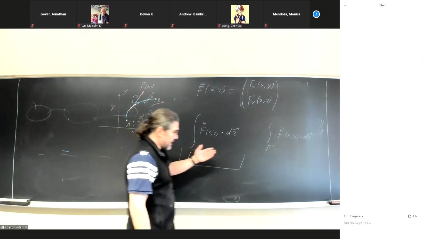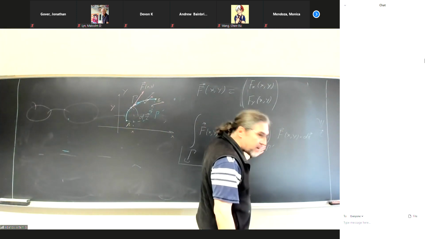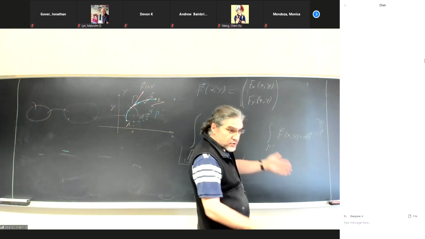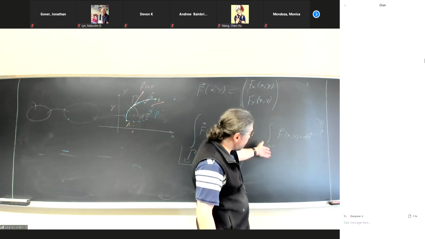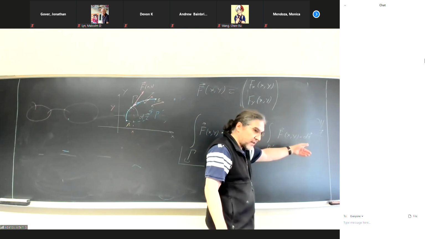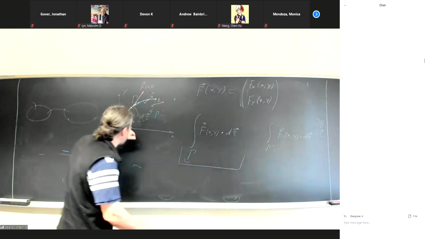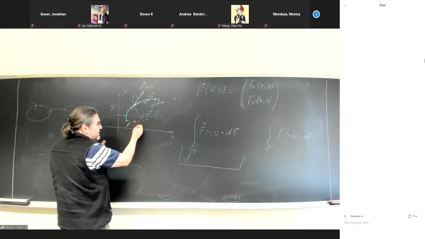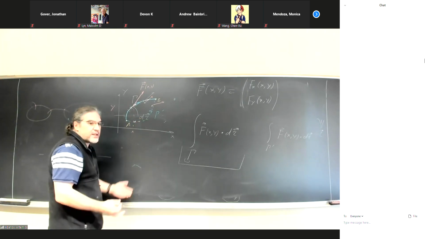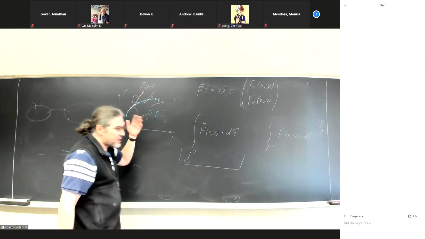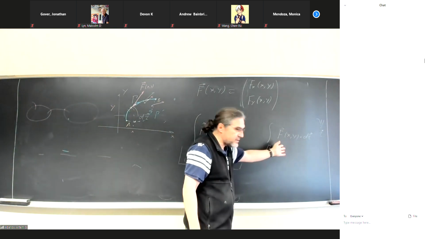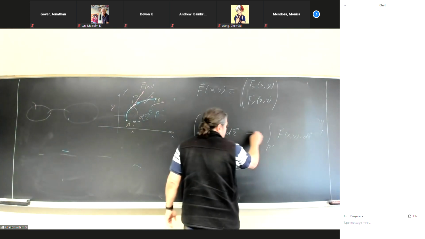So when I see this, I need to draw my gamma prime path, which should be given to you, otherwise it makes no sense. And then I need to split that gamma prime and do it the same. And for that gamma prime, the value of the vector field at each point will be different. The r's will be different than for this gamma. So there is no reason to think that this is the same as this one. Generally, they are not equal.